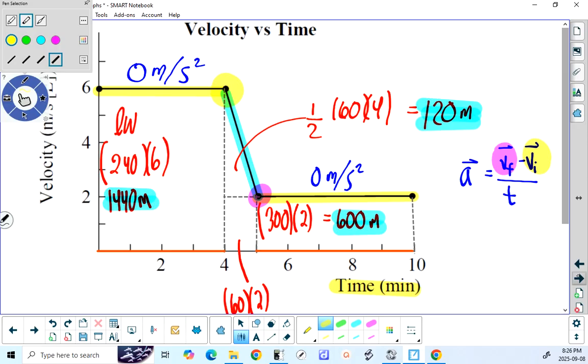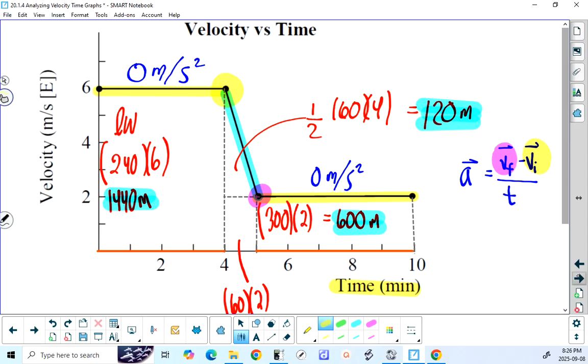So we have to take the velocity at the purple point minus the velocity at the yellow point divided by the total time, which is 60 seconds.